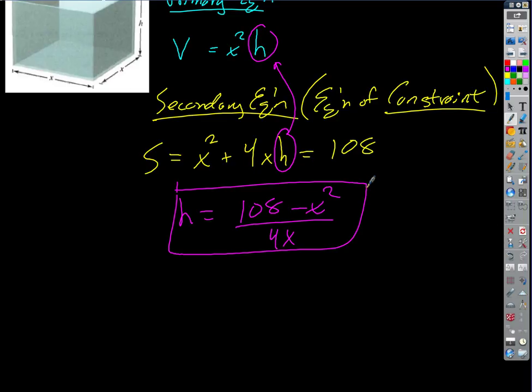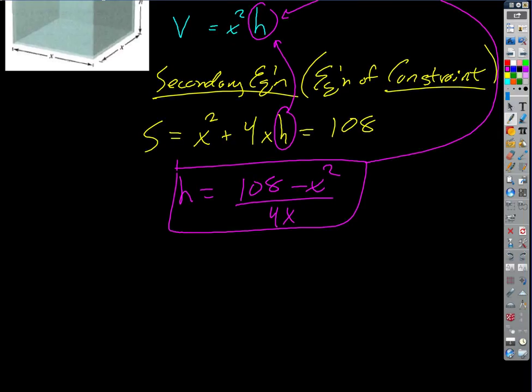And then now I can take this substitution equation and make my substitution. So then what do we end up with? If we make our substitution, we now get volume equals x squared times h, right? And what's h? Well, here's our h, so all this stuff.